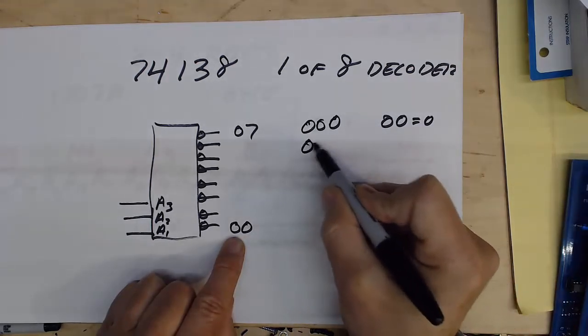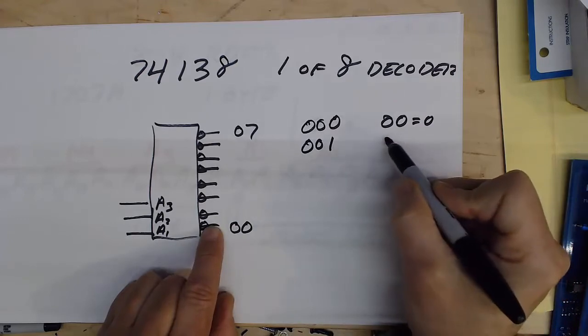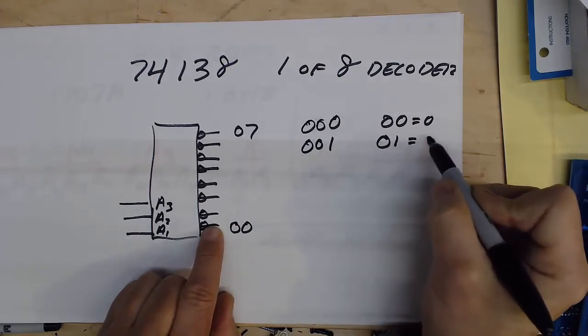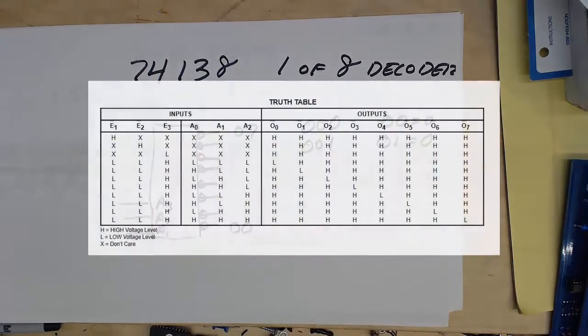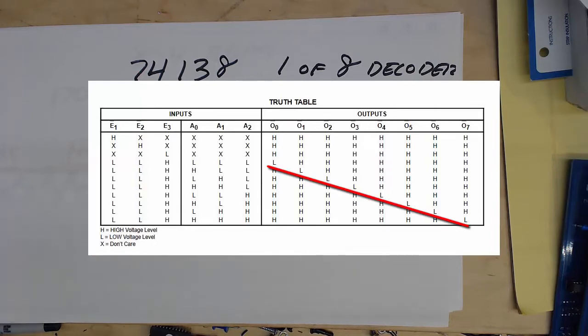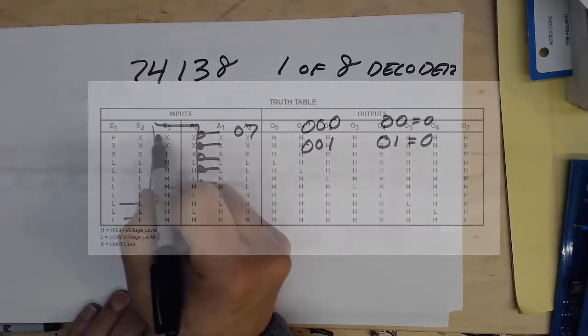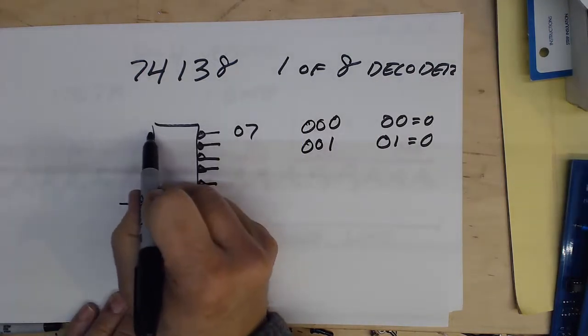If we put in 0, 0, 1, then output 1 is going to be low. We can see here from the truth table that at any one time, only one of the outputs is low, at most.